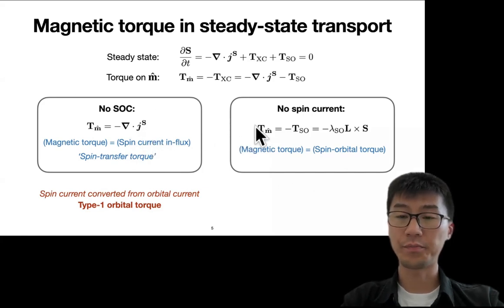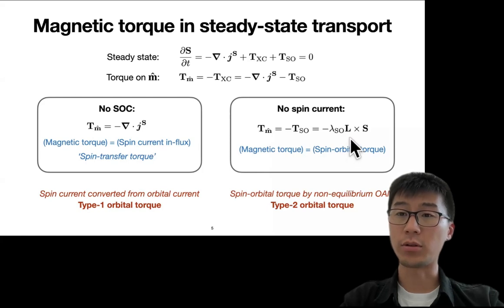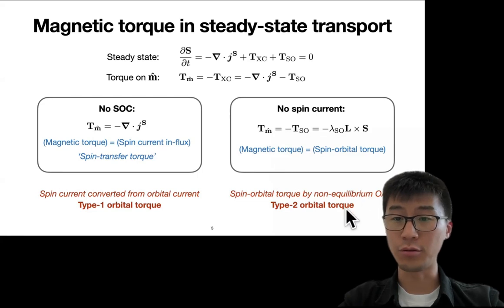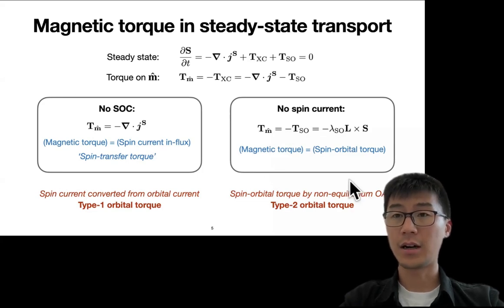In the second regime, we can figure out that if there's orbital accumulation, then there will be torque on M. Also, when there's spin accumulation, there will be torque on M. It seems quite confusing, but I will come to the point later that actually the spin accumulation picture and the orbital accumulation picture in this type 2 mechanism are equivalent. It's just a different way of looking at it.